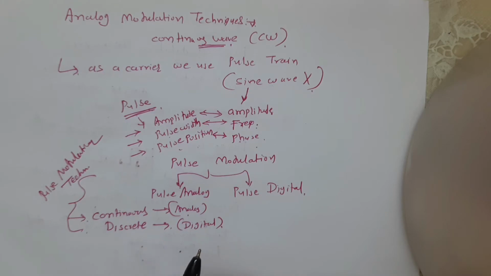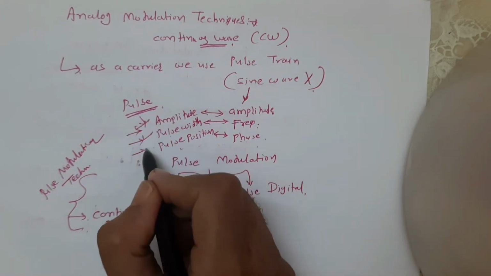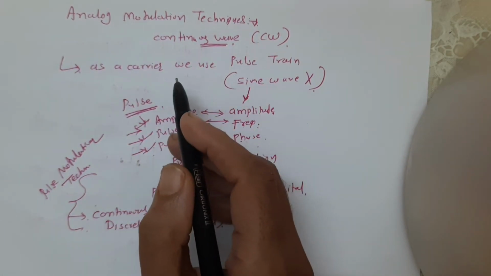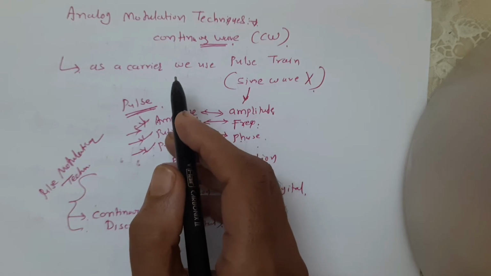Now, in case of a pulse train, the pulses by themselves occur at a discrete instant of time. However, the parameters of the pulse, namely amplitude, pulse width and pulse position, are continuous in nature.